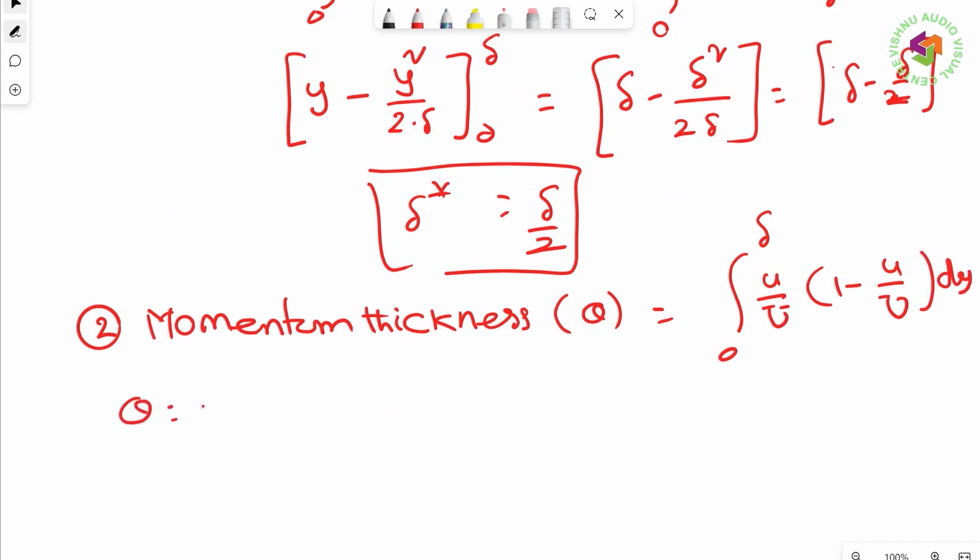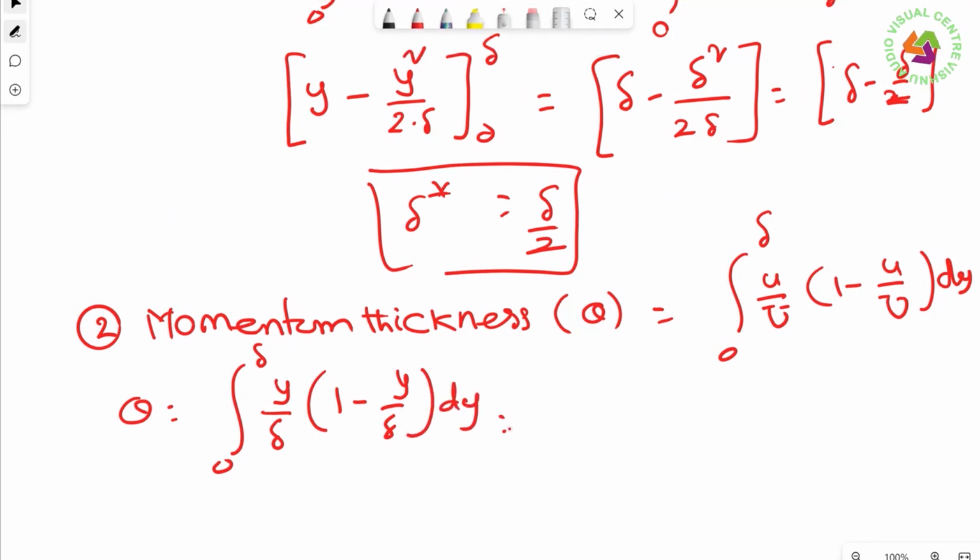So theta is equal to the integral from 0 to delta of (y by delta minus y by delta) into dy, that is, y by delta dy minus y squared by delta squared dy.